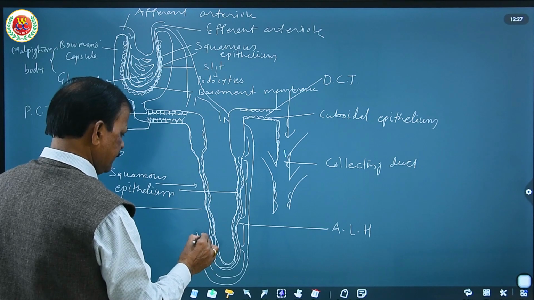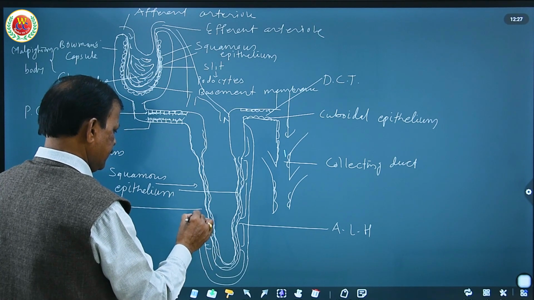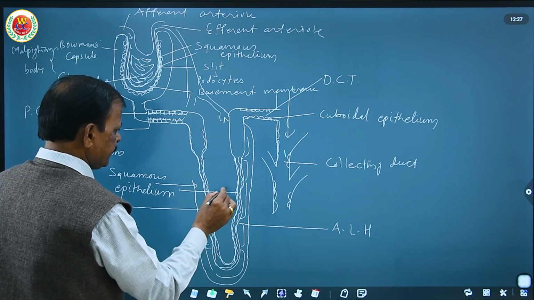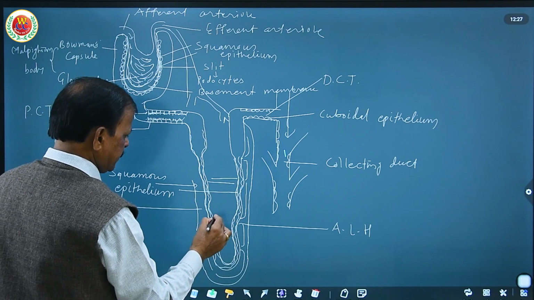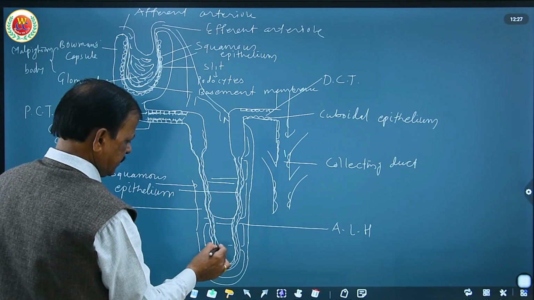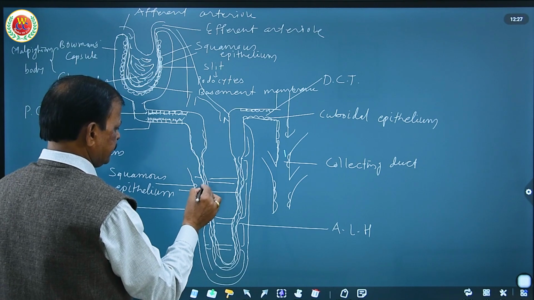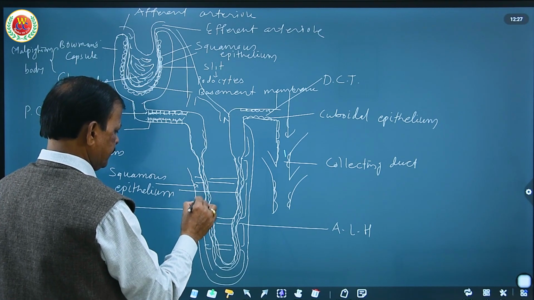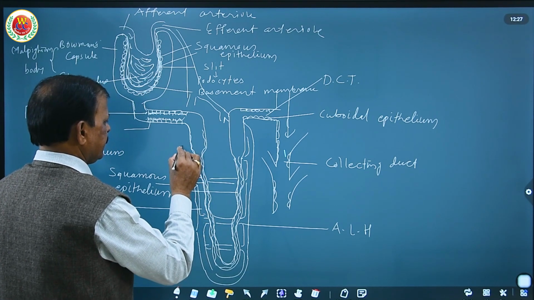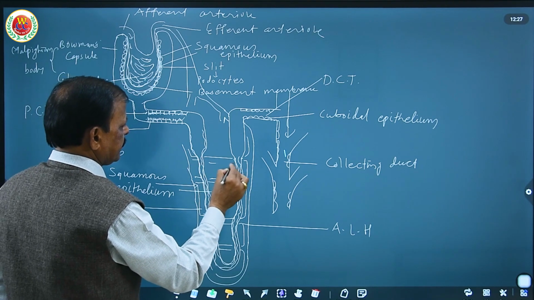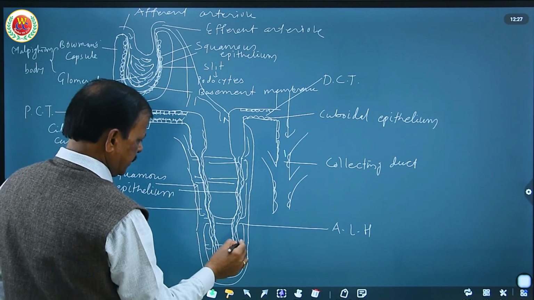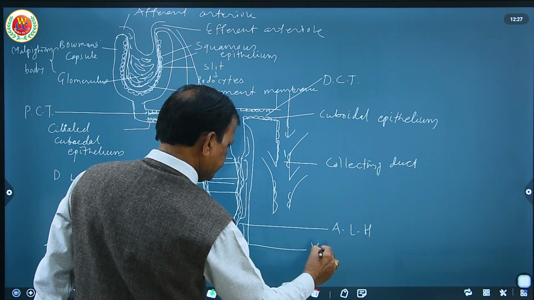Here you can understand this network formed around. This is called the vasa recta.